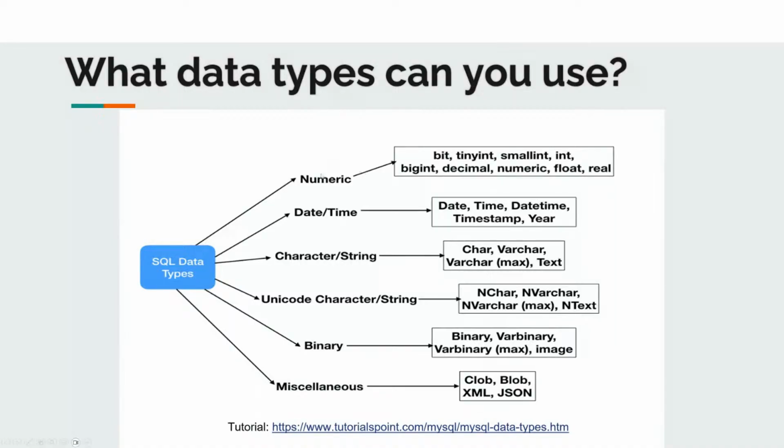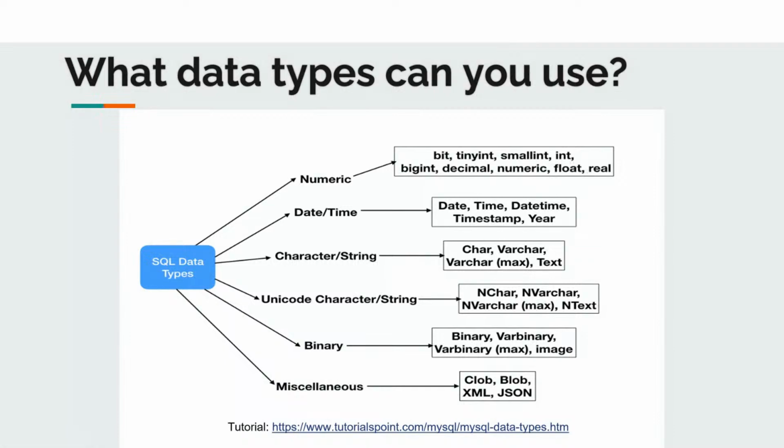So with numeric, you have a couple of different types of integers. Integer, I want to say, is like 16 bits. You can go to like 100 million, you can go more than 100 million.